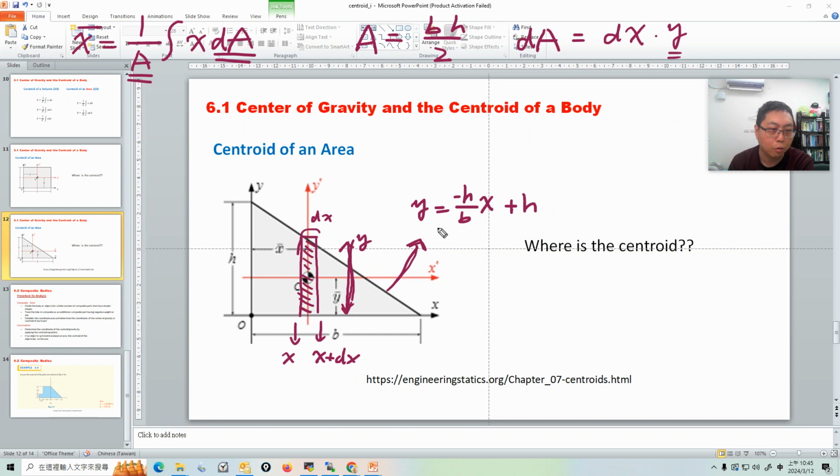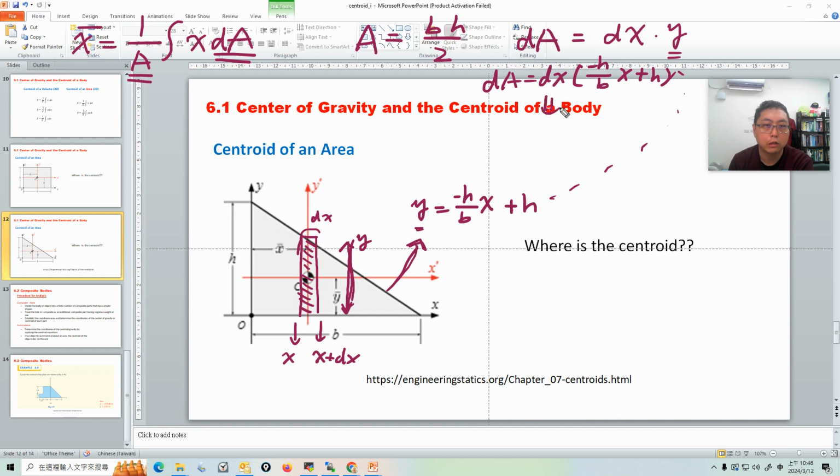So this is y, so we can substitute the y here. What is dA? The dA just equals dx times minus h over b times x plus h.